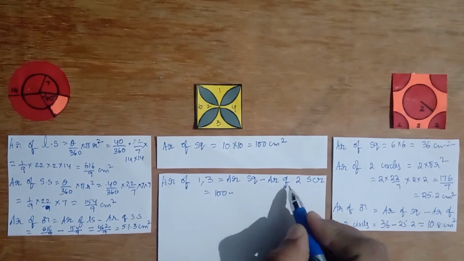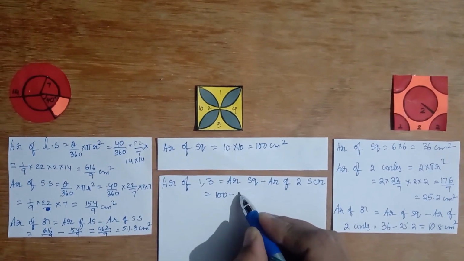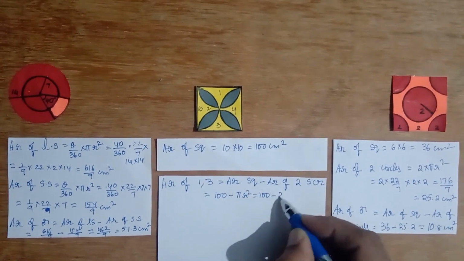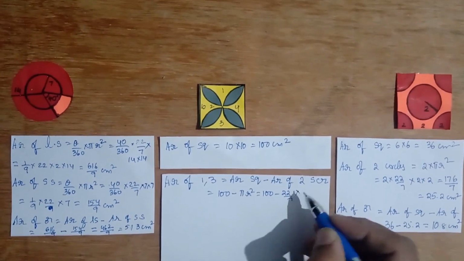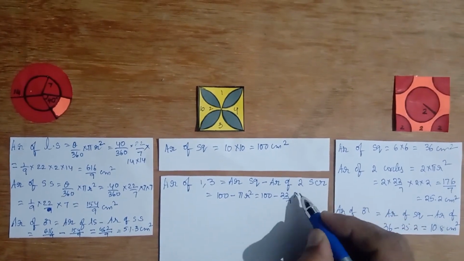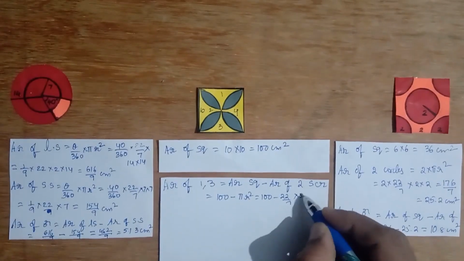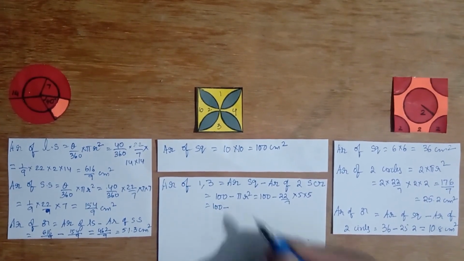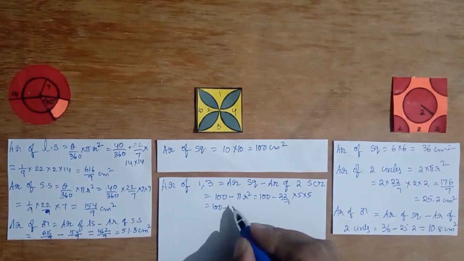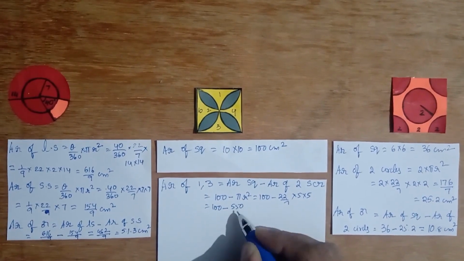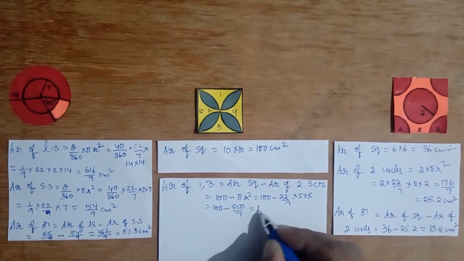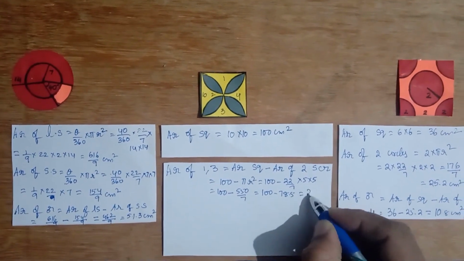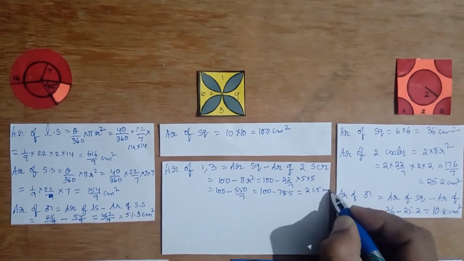Therefore, area of one circle is pi r square. 100 minus 22 by 7 into r is 5 into 5. 100 minus 550 by 7. 100 minus 78 by 7, 21.5 centimeter square.